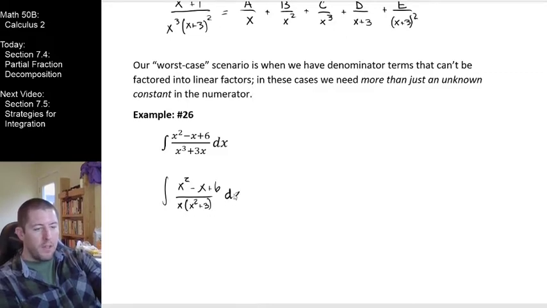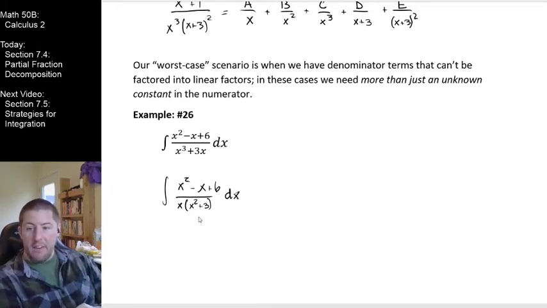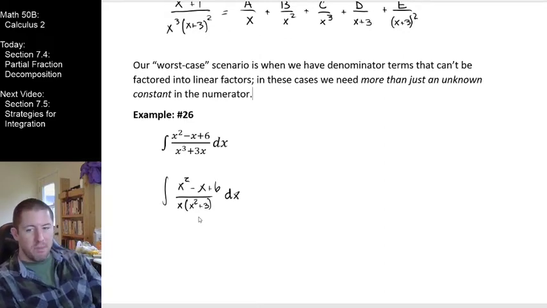The important thing to notice is that I have a quadratic factor of x squared plus 3. I have nothing else I can do with that, right? There's no further decomposition. If it was x squared minus 3, I could at least factor that as x minus square root of 3, x plus square root of 3. It would be a bit of a bummer that square roots would be introduced, but I could do it.